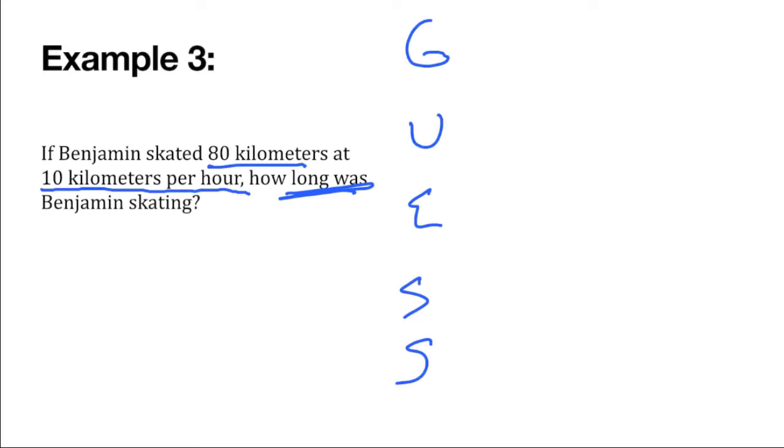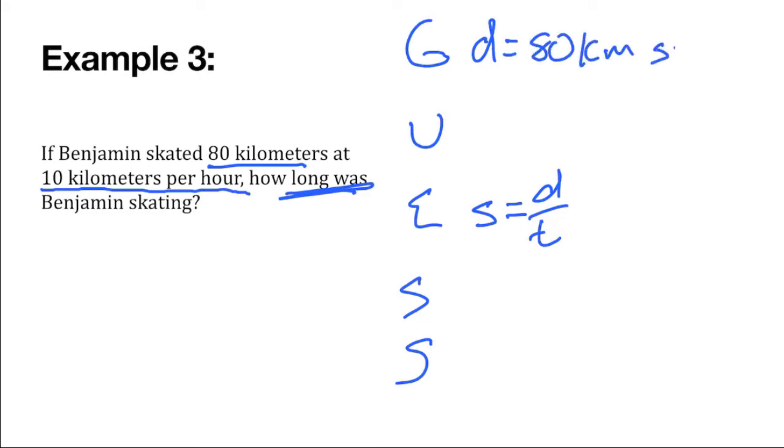So again, equation, speed is equal to distance divided by time. A distance is given to me of 80 kilometers, and I have a speed of 10 kilometers per hour. So my unknown here is my time. Now, some people are going to have a harder time with this one because of where our variable is going to be located. But I'm going to try and walk us through that.